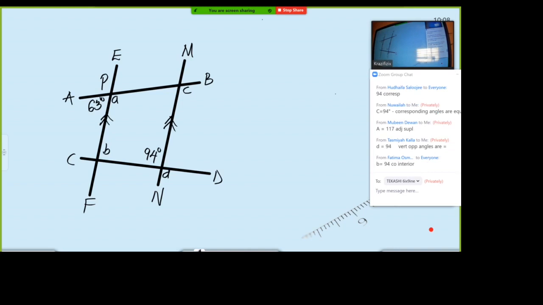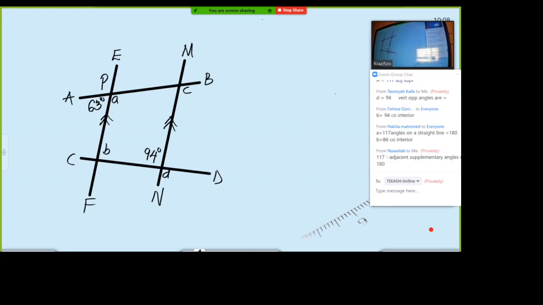I know you have answers, but let's start with angle A. I only have one person giving me angle A, and I need us to work together. What is A? 117. All right, I have two 117s. And what is the reason?